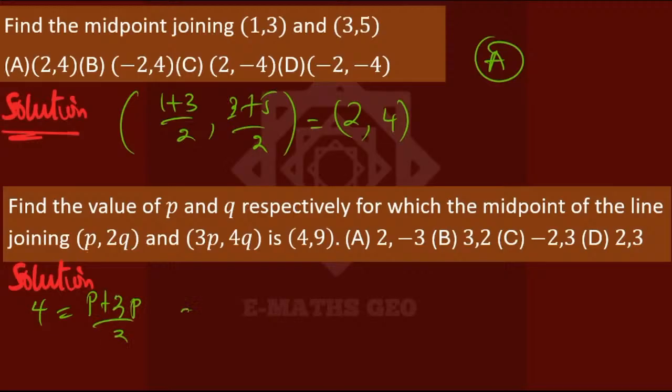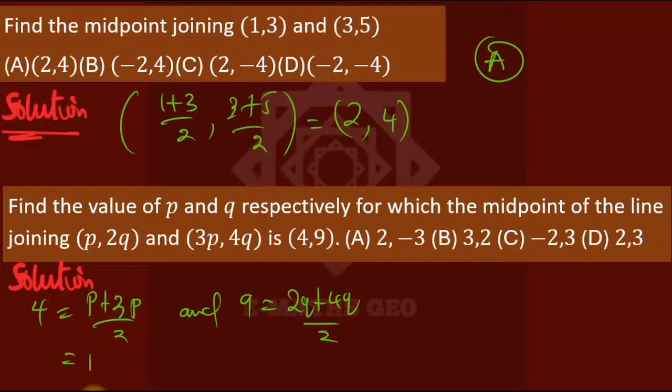And for y, 9 is the average of 2q plus 4q over 2. Solving, we have 4p, so p must be 2.